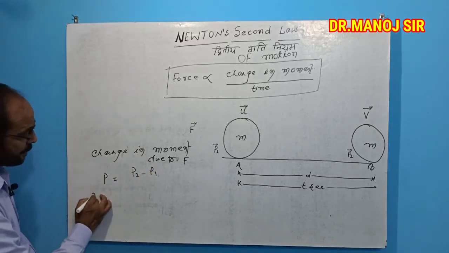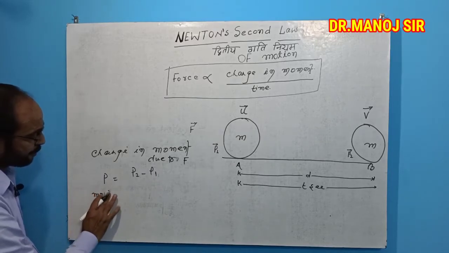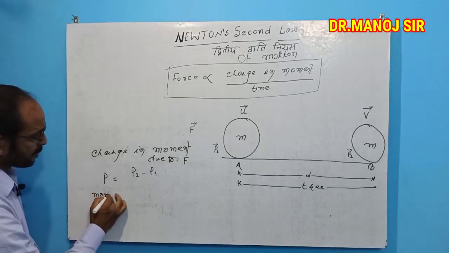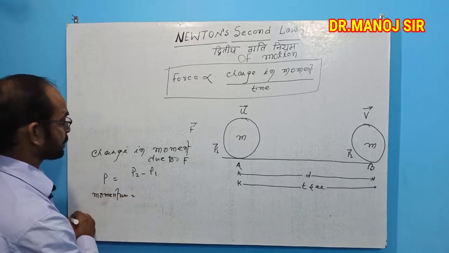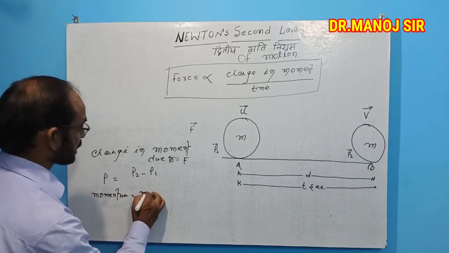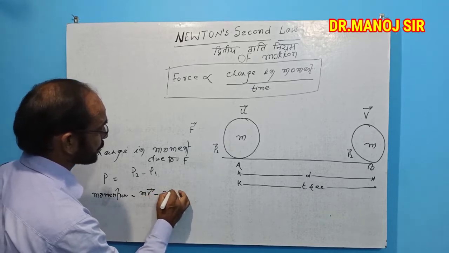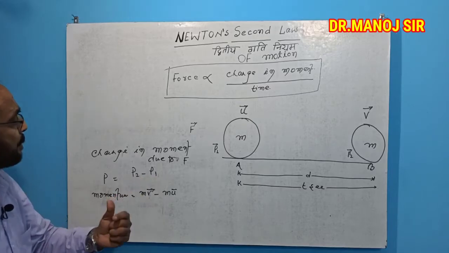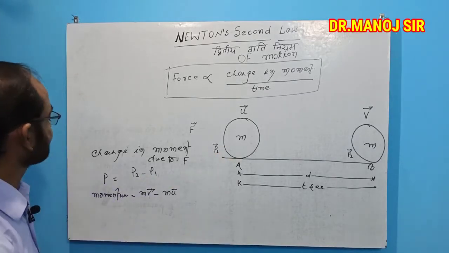Therefore, momentum change equals mv minus mu, that is final momentum minus initial momentum.